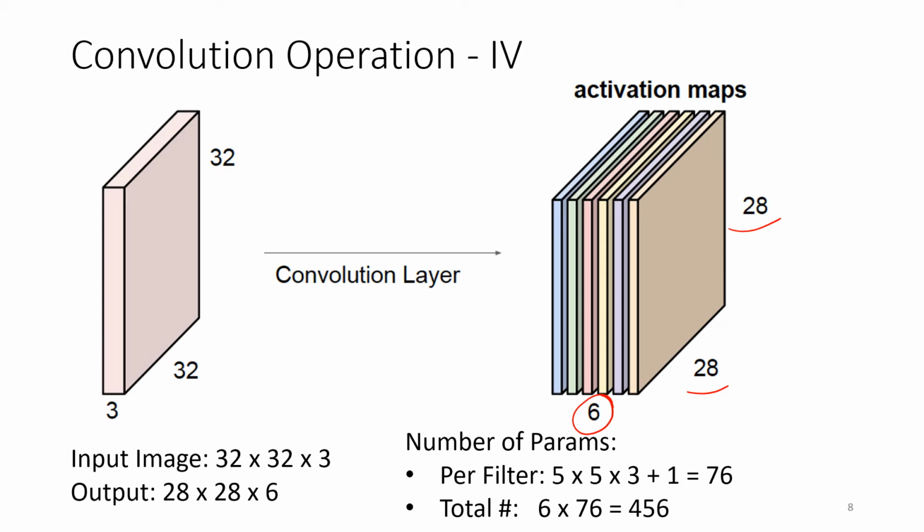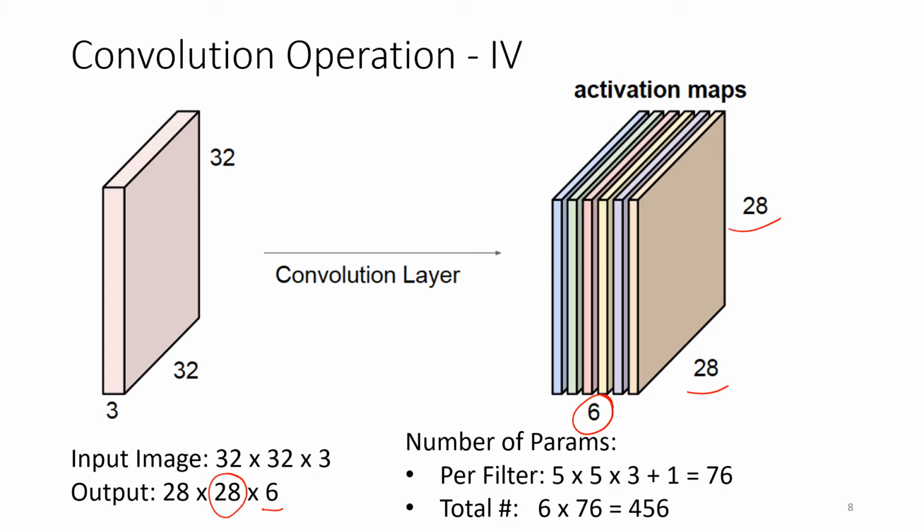So we had 32 by 32 by 3 input images, and the output we get is 28 by 28, and because we had 6 of these filters, it's 28 by 28 by 6. And by the way, why 28?